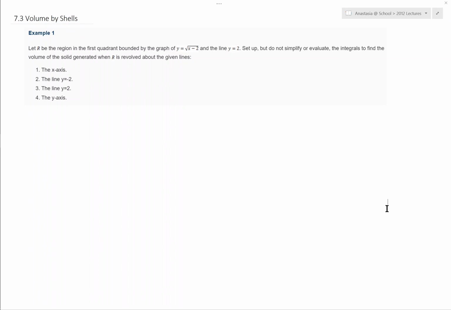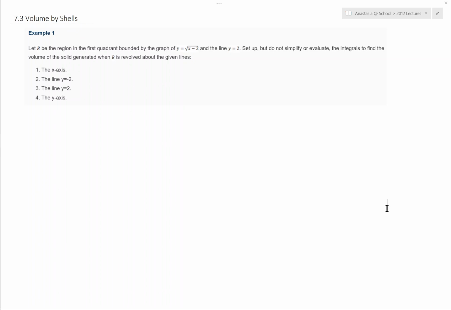So we are working through example 1 here, where R is the region in the first quadrant that's bounded by the graph of y equals the square root of x minus 2 and the line y equals 2. We're going to set up, but do not simplify or evaluate, the integrals to find the volume of the solid generated when R is revolved about the given lines.